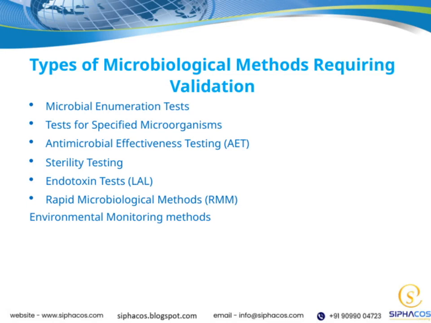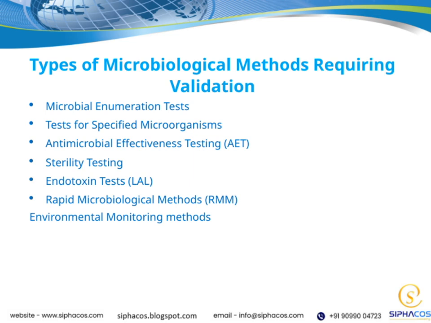Let's take a closer look at microbial enumeration tests, which are fundamental in ensuring the microbial quality of our products. These tests help us quantify the number of microorganisms present, giving us a clear picture of contamination levels. Moving on, tests for specified microorganisms are also critical. They allow us to detect and identify particular microbes that might pose a risk.